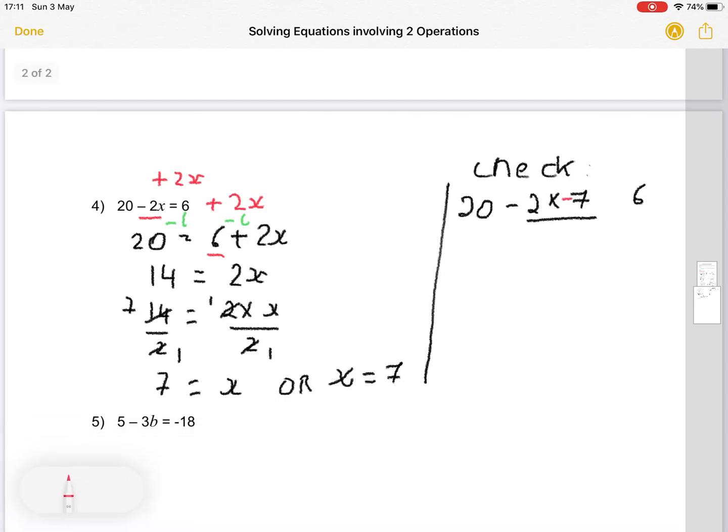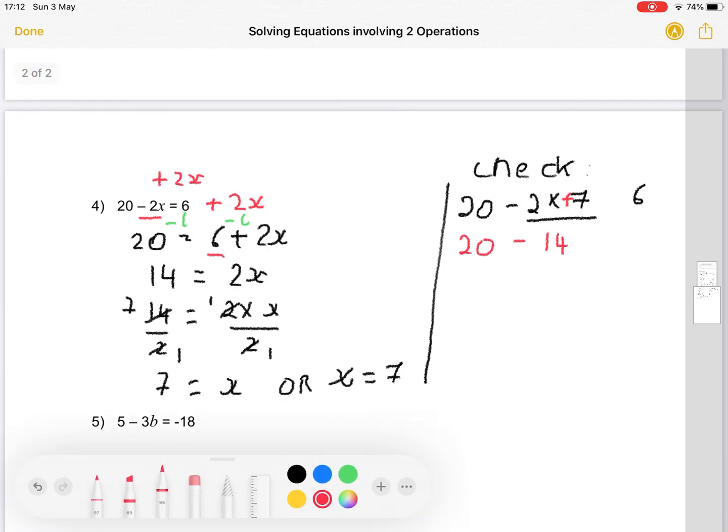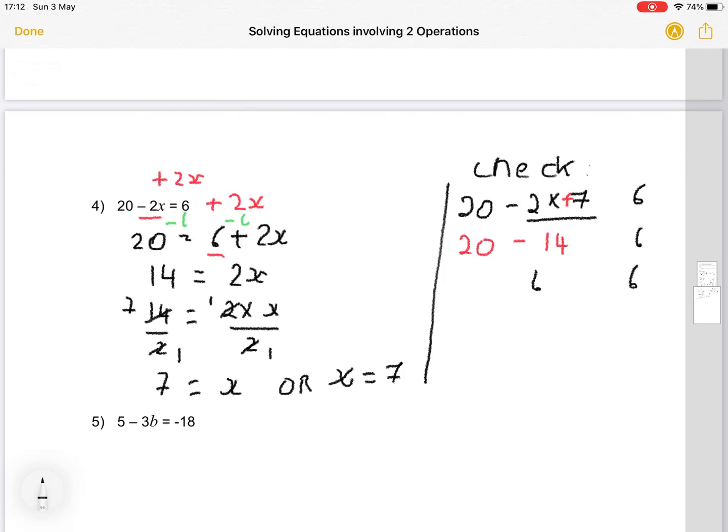Negative 2 times positive 7. There, the answer is 20 minus 14. 20 minus 14 is 6. So, since the left-hand side is equal to the right-hand side, our answer is correct.